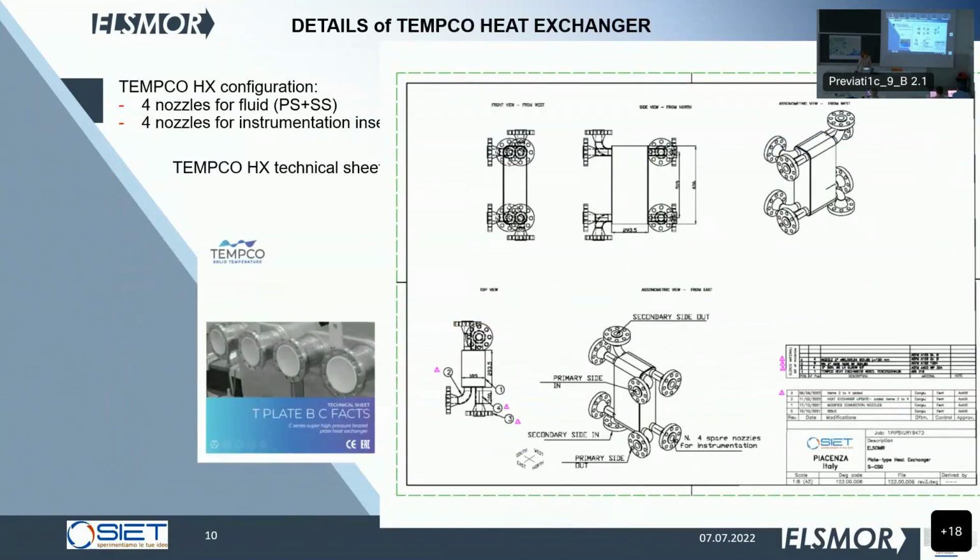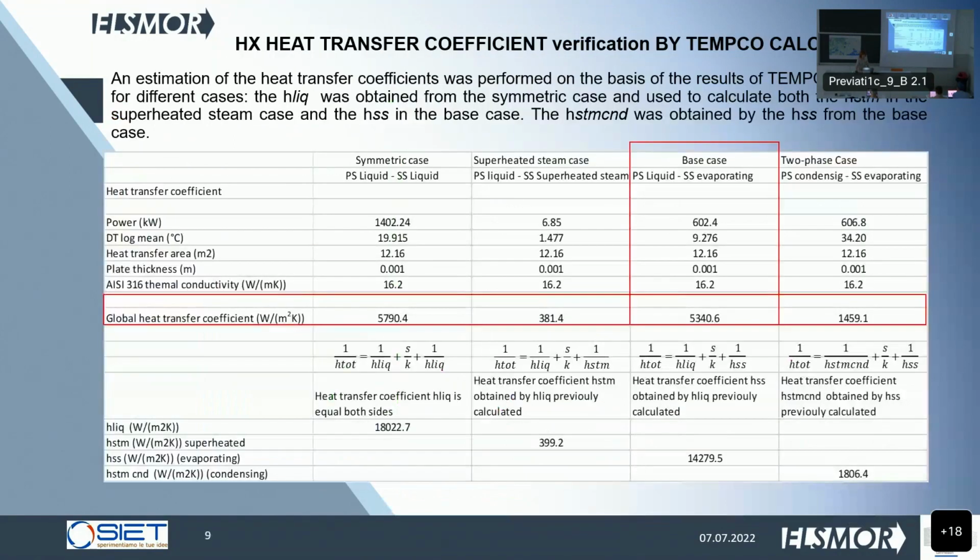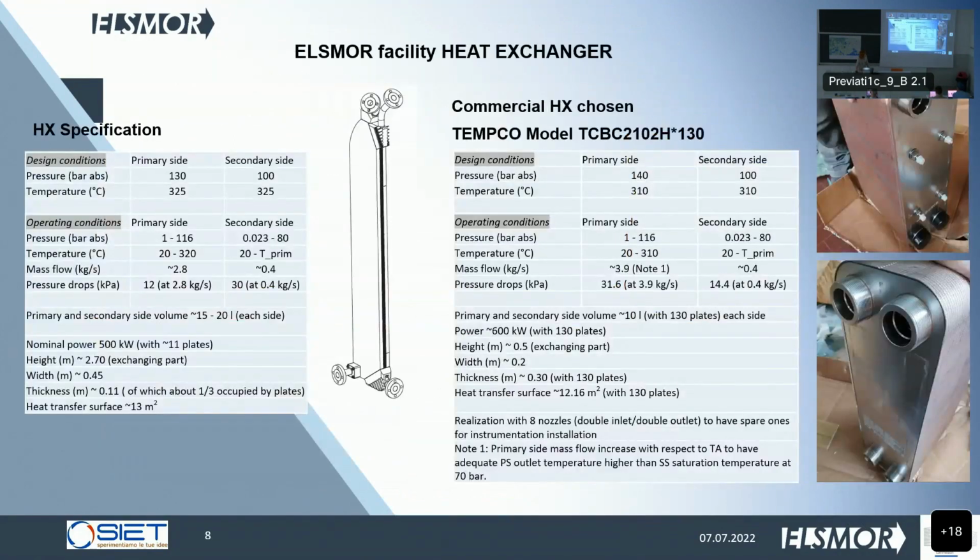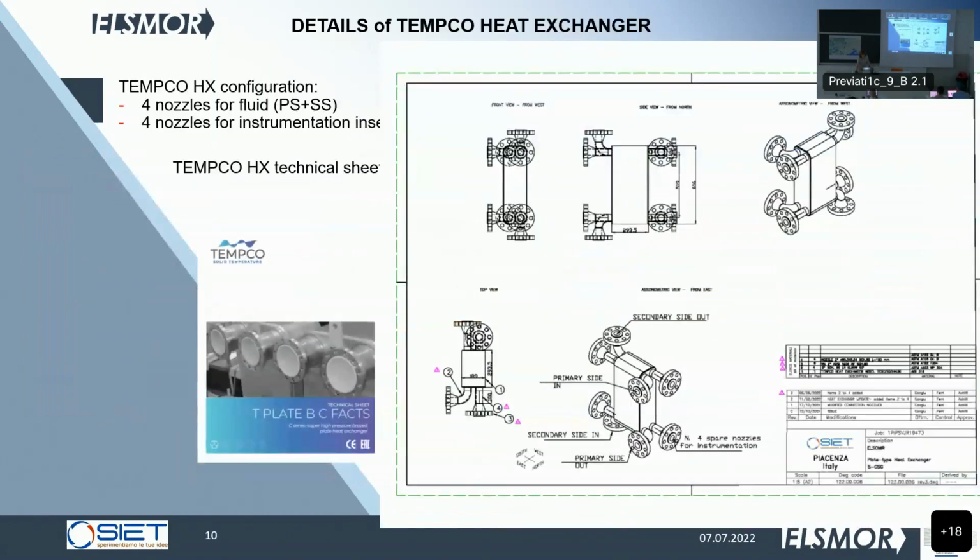So here we have some details of this heat exchanger. We go a step back. We received it without any flanges, with just these nozzles. But we are going to modify it by welding some flanges for the connection to the loop.